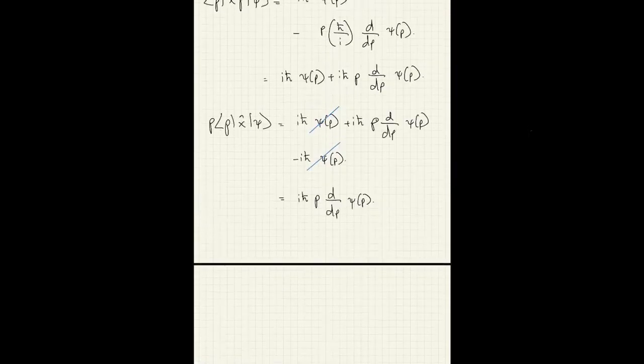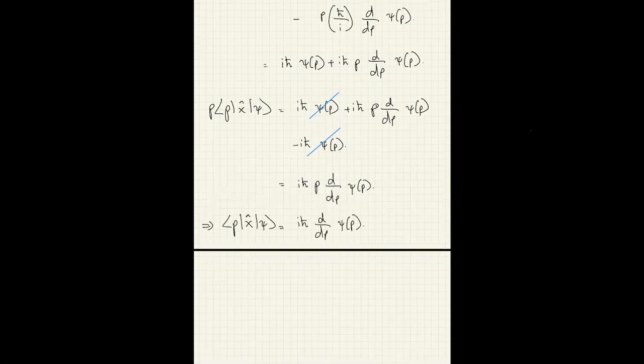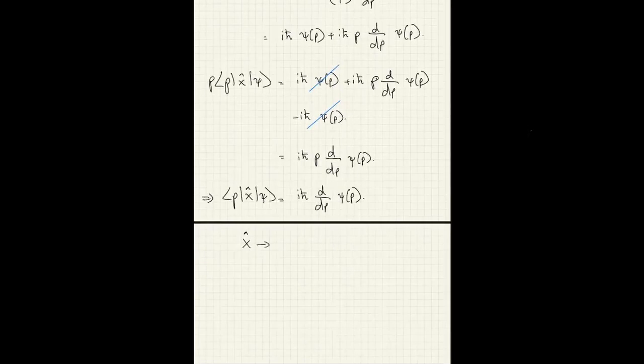And if I remove the p on both sides, I get p x psi is i h bar d dp of psi of p, which means instead of just like I can write x p psi as minus i h bar d dx, I can simply write the x operator in the p representation as the operator i h bar d dp. Okay, in the p representation.